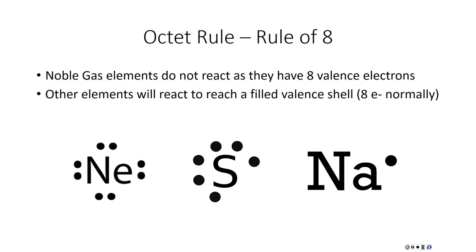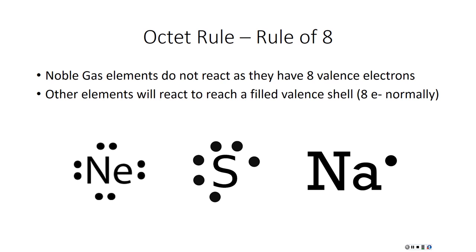So the octet rule really means the rule of 8. In a dot diagram, that means it's either going to get to 8 dots around it or 0. 0 would be if it gives up all of its electrons. Then it would have a filled shell in the next level down.